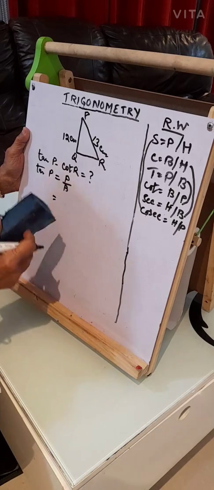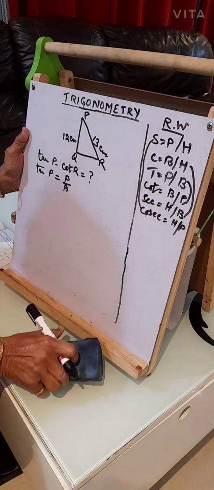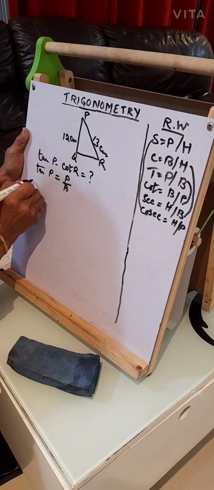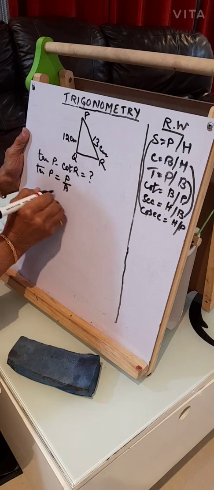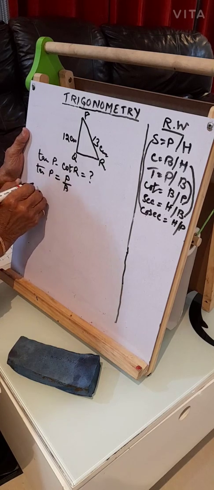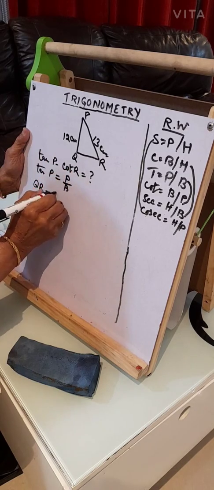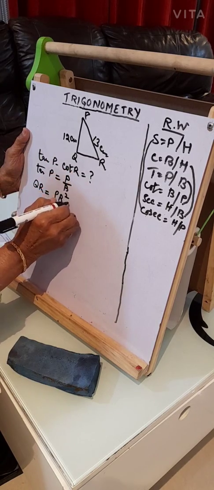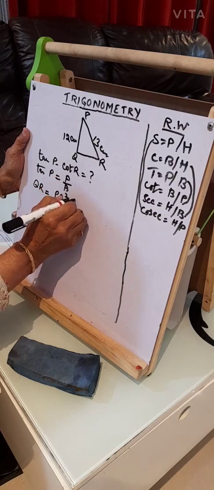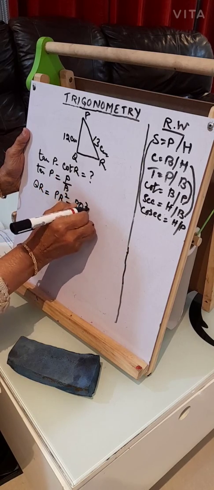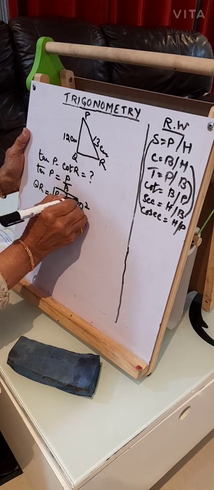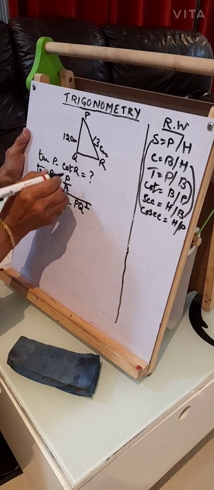QR is equal to, by Pythagoras theorem, QR is equal to the square root of PR square minus PQ square. So how much is PR?